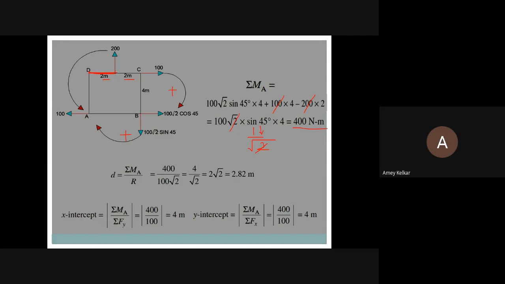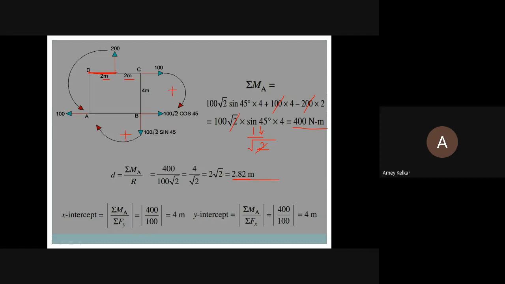Now here for ease, they have written it as root 2. They did not want you to use the calculator throughout. So 4 divided by root 2 is 2 root 2. If you don't want this form, you can use the calculator and find this 2.82. They have broken this out, written 4 in another form and then got the answer 2 root 2.